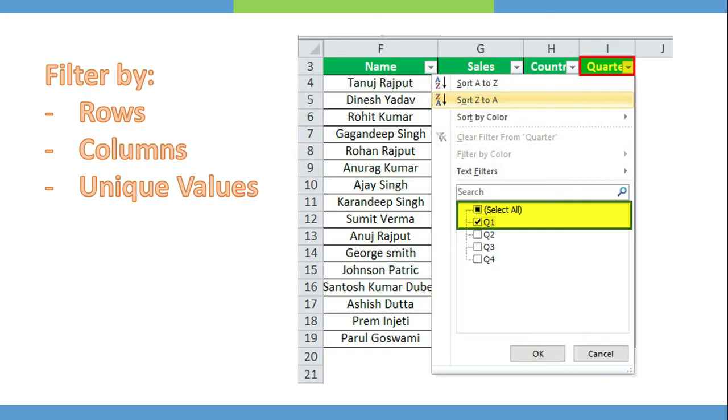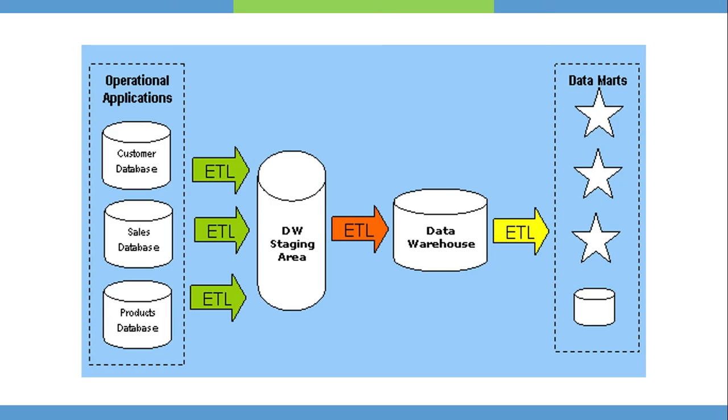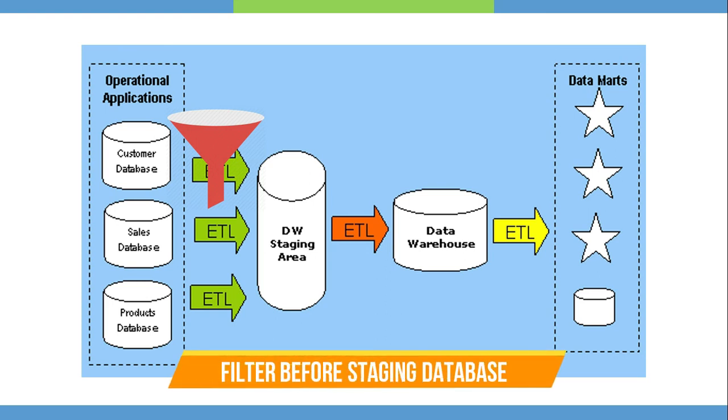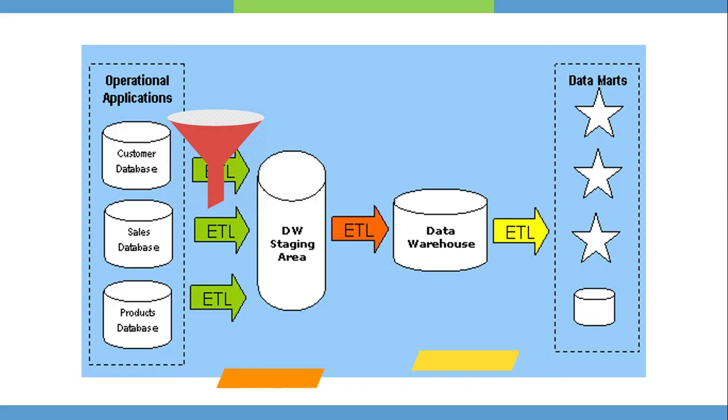This completely depends on the business use case and business requirements, but data filtering could be essential in some cases, and data filtering needs to be performed before we load the data in the staging database, because we do not want to have non-required data inside the staging.